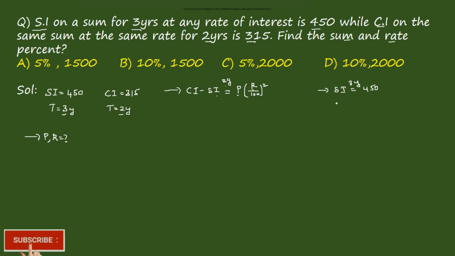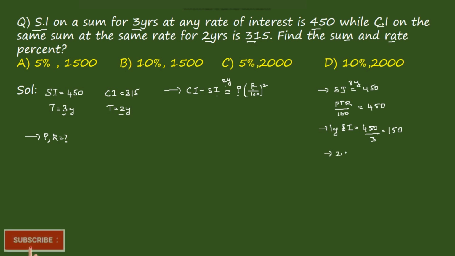Simple interest, just the formula we know, P into T into R by 100 for 3 years, right? So for 3 years it is 450, right? So for 1 year, what will be the value? Simple interest is equal to 450 by 3. Yes or no? Then we get 150.